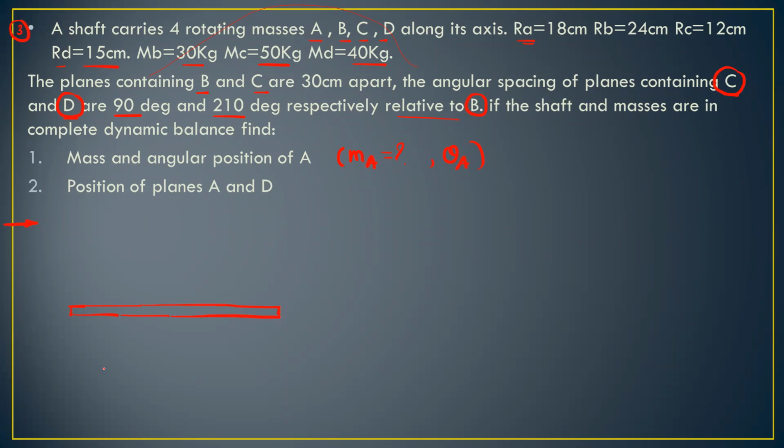So this diagram, this is a plane position diagram. Okay. So the 2 masses, that is a plane containing mass B and C, are 30 centimeter apart.